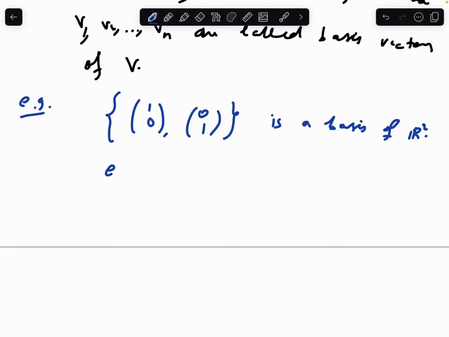E1 means the column vector with 1 in the first slot and 0 in the remaining slots. Similarly, E2 is 1 in the second slot and 0 in the remaining slots. We'll use these notations E1 and E2. So E1, E2 are basis vectors of R2. This set E1, E2 is a basis of R2.